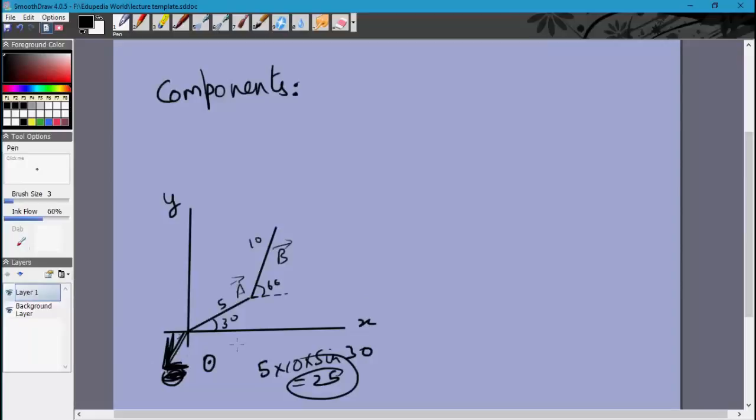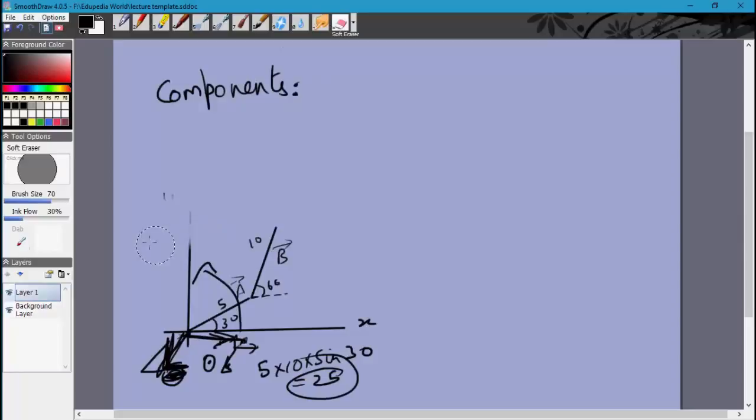So if x is in this direction and y is in the upward direction, then z cannot be away from the viewer, it has to be towards the viewer. That is the convention we choose. For a unique value of x and y, you can have two directions of z. You need to choose one always, otherwise you will get different answers as you choose different ones. So we always choose it such that if you put your fingers in the direction of x and curl them in the direction of y, your thumb will point in the direction of z.